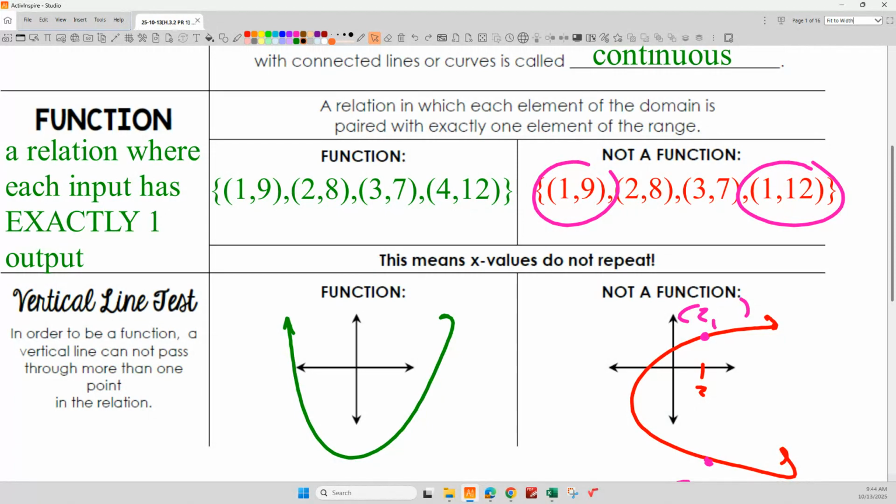Same with the red relation, but the green one was a function, and the red one was not, because in the case of the red relation, the input 1 appeared twice with different outputs, and so it failed the rule to be a function, because there was an input, x equals 1, for which there was more than one output. So that one was not a function.